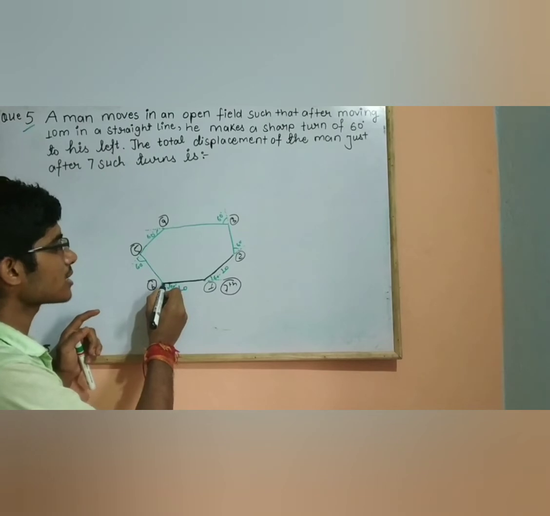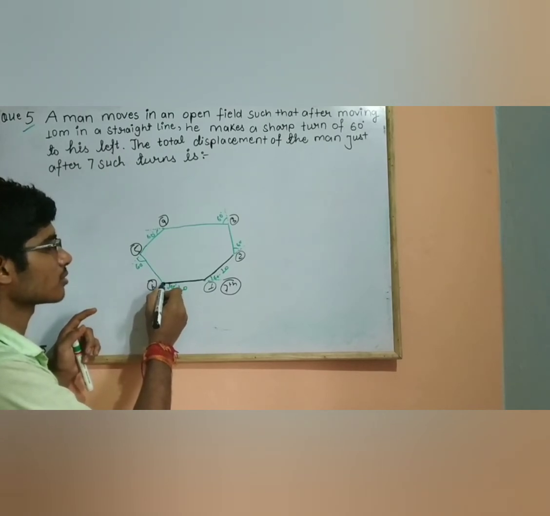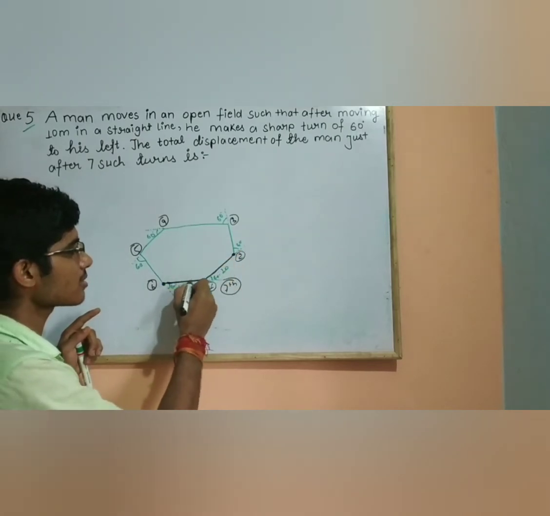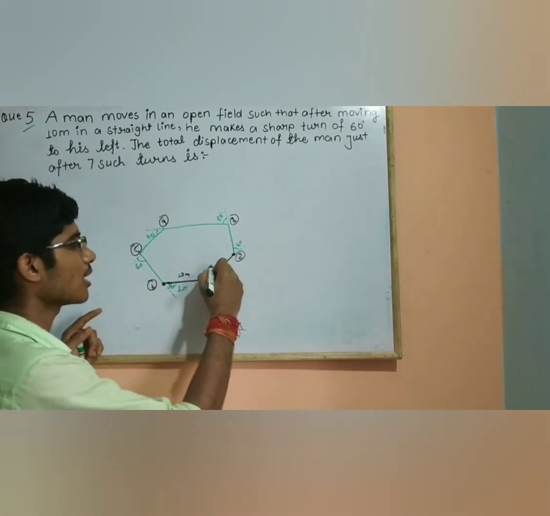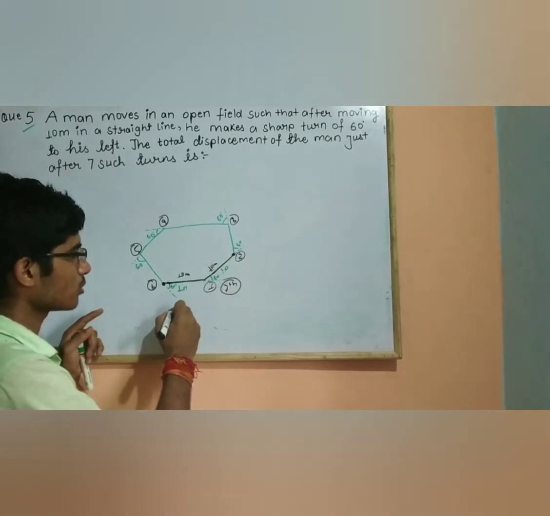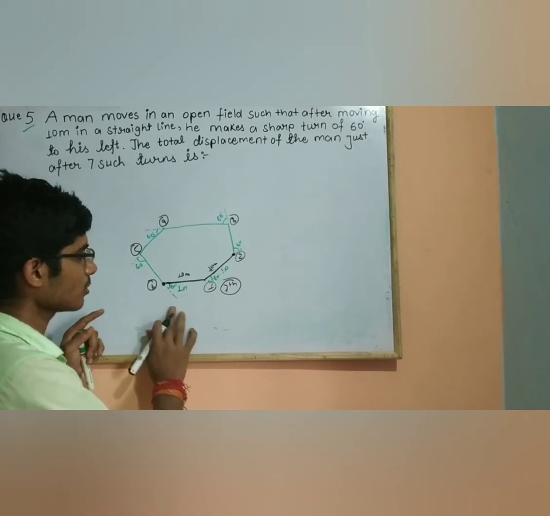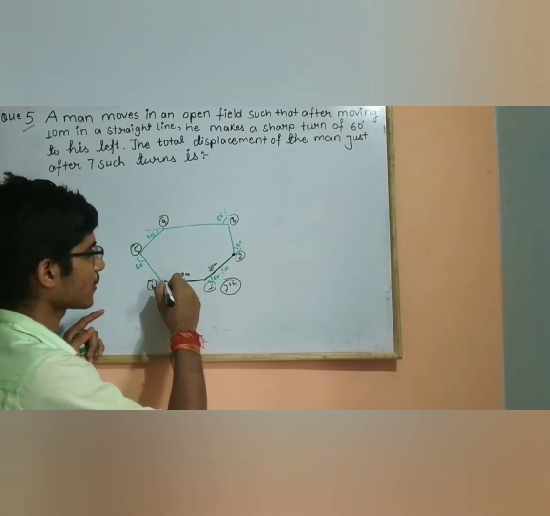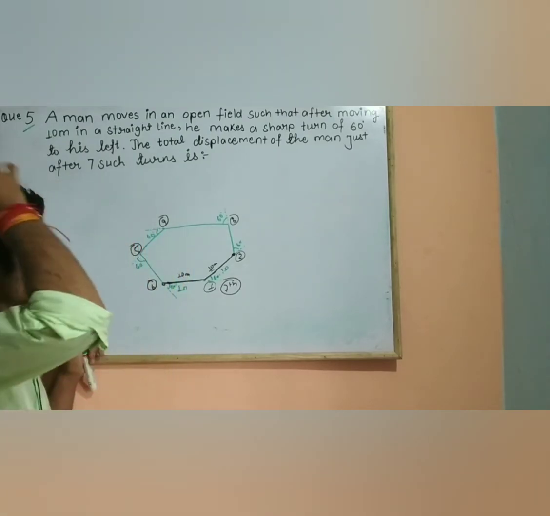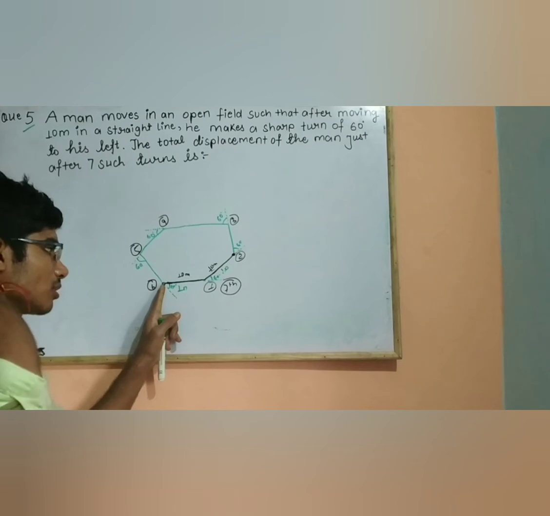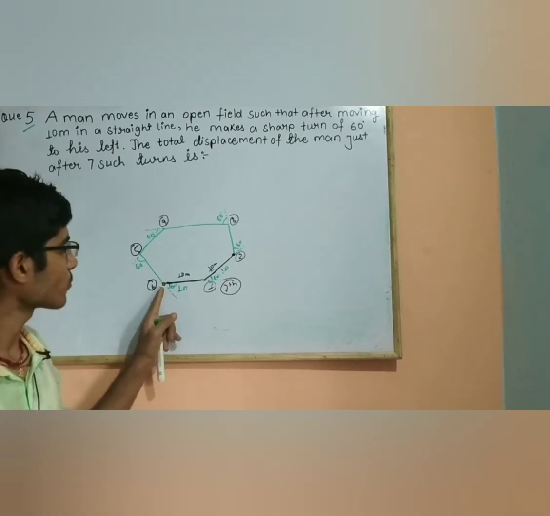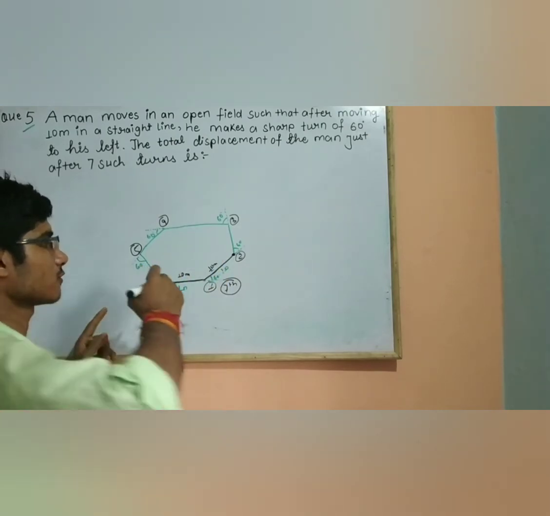So we have to find the displacement of that person. Initially he started from this position, and finally he reaches this position, and this distance is 10 meters, and this distance too is 10 meters. So what is the displacement of this line? We know that displacement is from the initial position to the final position.